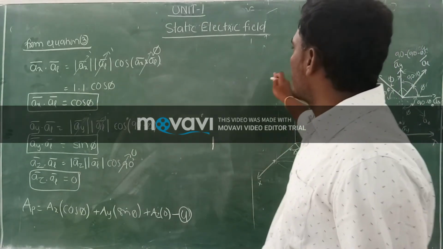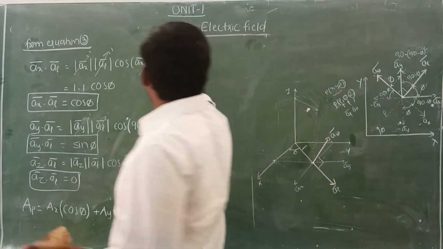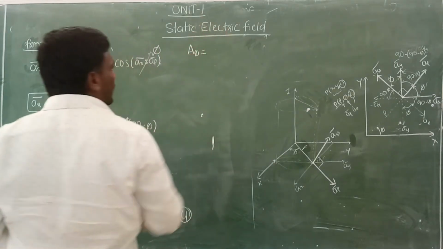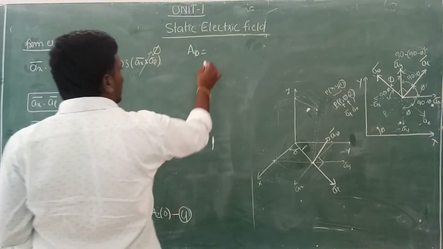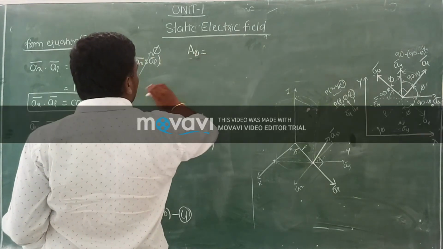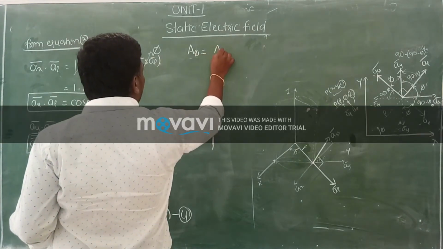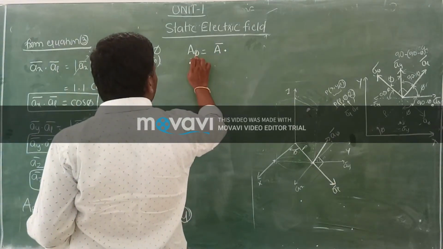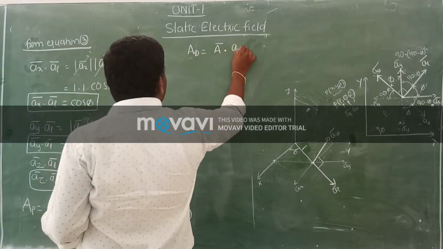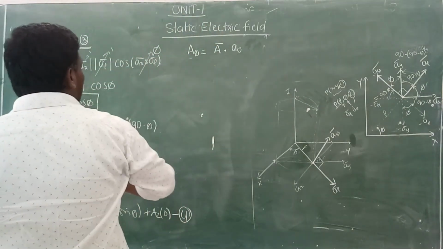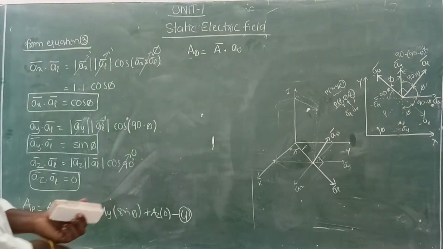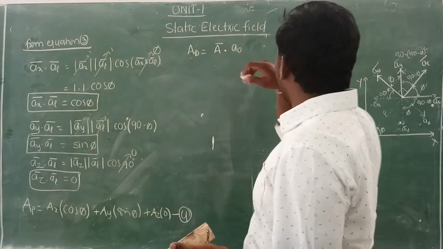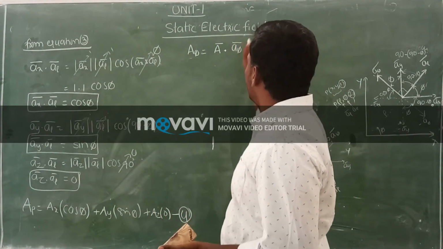What is the second coordinate? This is A_phi bar. To calculate A_phi bar, we use the applications of the properties of the dot product. To calculate this component, we have to do the dot product between the vector and its unit vector a_phi bar.